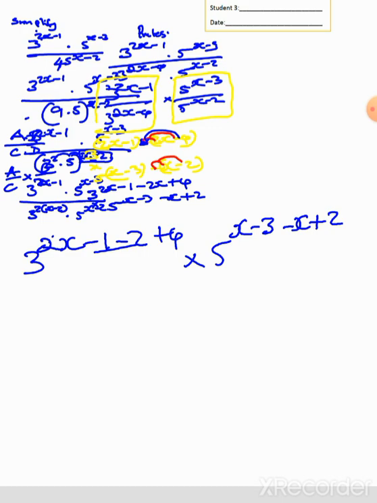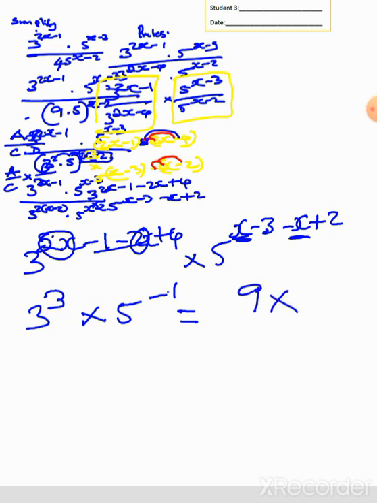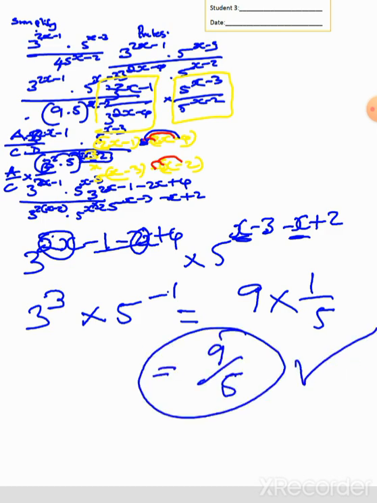Here definitely you can see there's x, so 2x minus 2x is 0, and minus 1 plus 4 is 3, so 3 to the power of 3 times 5. The x and the x go away, minus 3 plus 2 is minus 1. So this means it's equal to 3 to the power of 3, which is 9, times 5 to the power of negative 1, which is 1 over 5. Therefore your final answer is 9 over 5. Finished. You do this, you're flying.